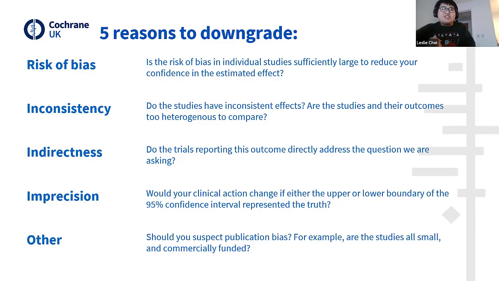Mainly the question is, do the studies have inconsistent effects, and are the studies and their outcomes too heterogeneous to compare? Heterogeneity is normally defined as unexplained variation within your meta-analysis. Imprecision is really focusing on the confidence intervals, your 95% confidence intervals, and the variability around that.